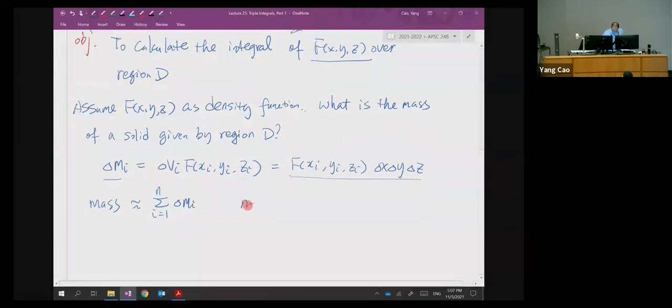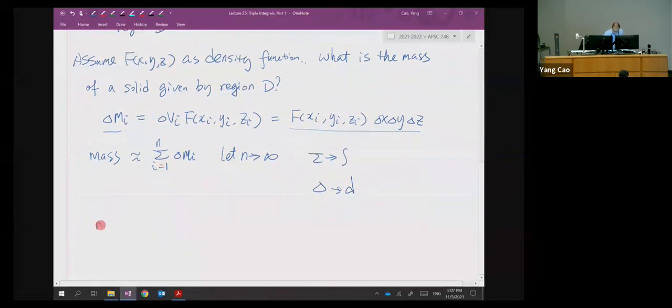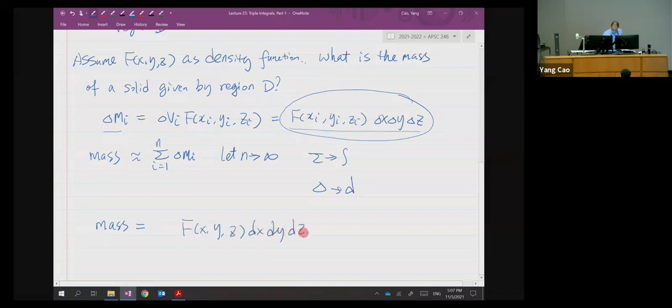Then we let this n go to infinity. The sigma will become an integral, and it becomes a triple integral, and the delta will become d, the differential. So this formula becomes: mass equals, going back to this delta m, the density times dx, dy, dz.